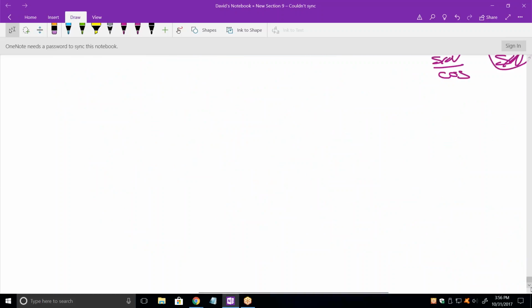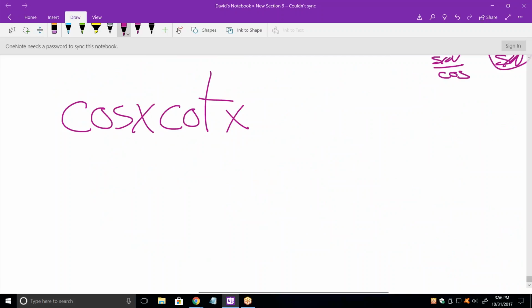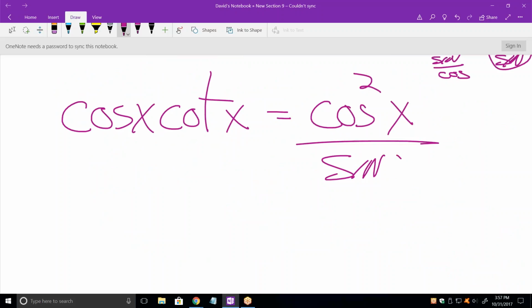This is undoubtedly what the problem was intended to say. Prove that that equals this. When you are verifying trig identities, all you're trying to do is prove that one side equals the other.